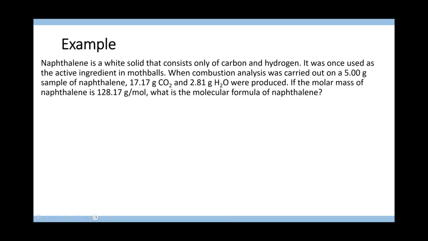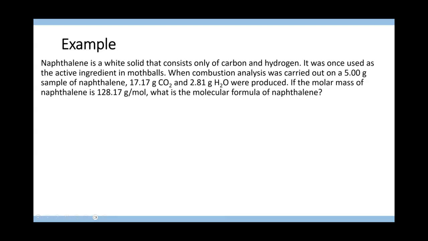So this question gives us the molar mass of naphthalene and is asking for the molecular formula. So we will first determine the empirical formula and then follow the steps that we did for that iClicker question at the very beginning of class to then determine the molecular formula using the molar mass information.